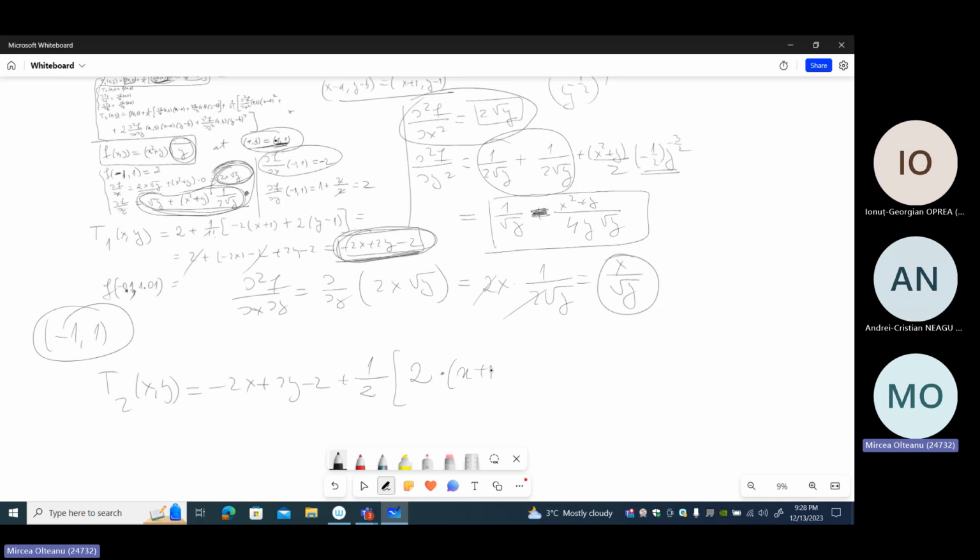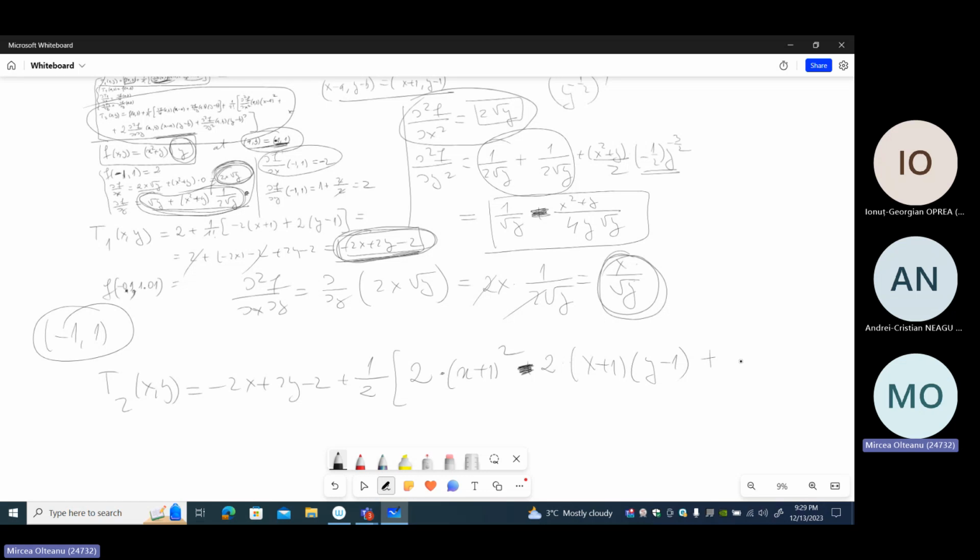Times (x plus 1) squared. Yes, I use this formula. Plus 2 times, now the mixed one, which is this one. At (-1, 1), that means minus 2 times minus 1, that is minus 2. Times what? (x plus 1) times (y minus 1). Yes, like here.